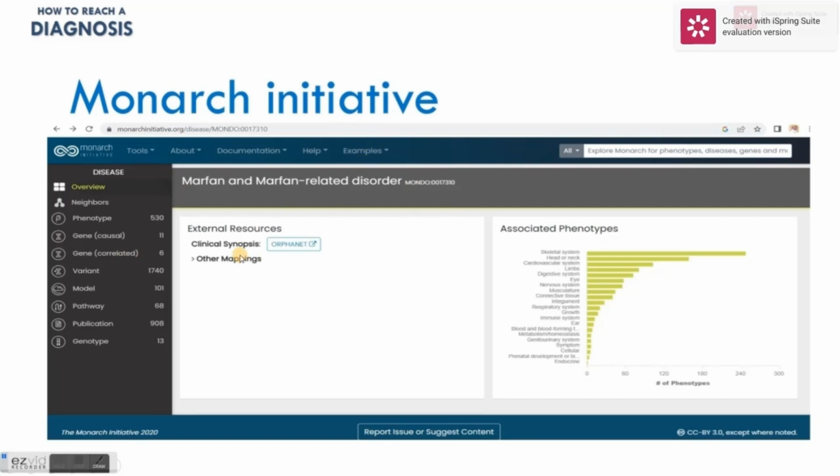Very helpful website, and it even lists which systems are involved. It's helpful for building your differential diagnosis. For example, you thought of Marfan syndrome, with a Marfanoid stature habitus, and you are looking for other conditions that can give you Marfanoid features.